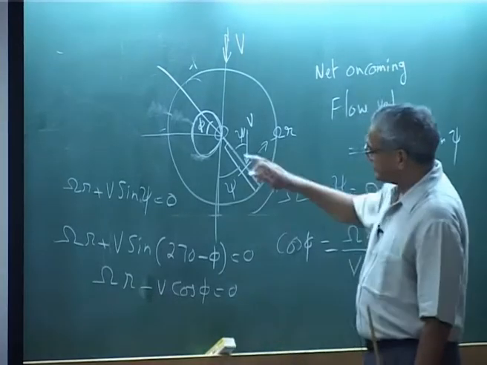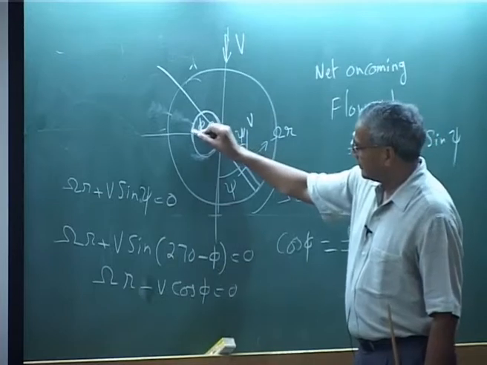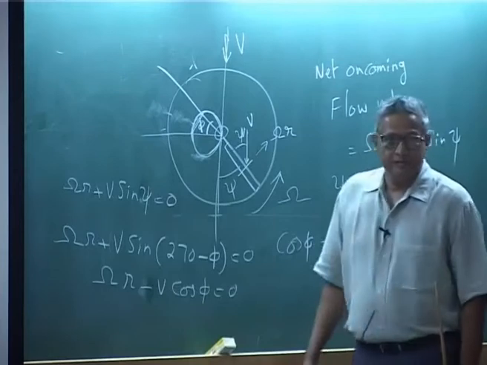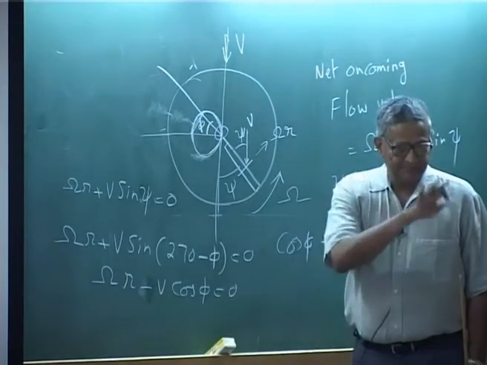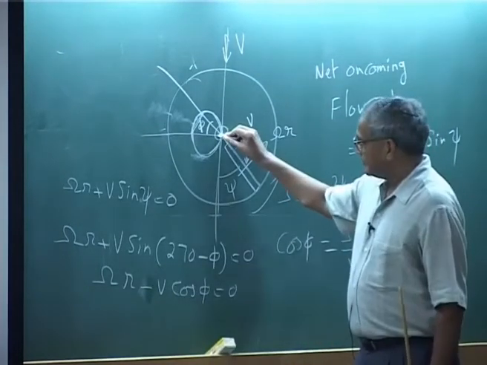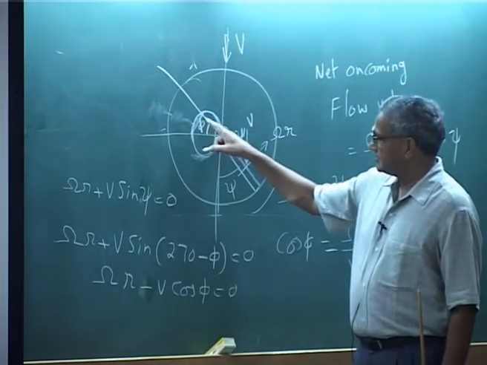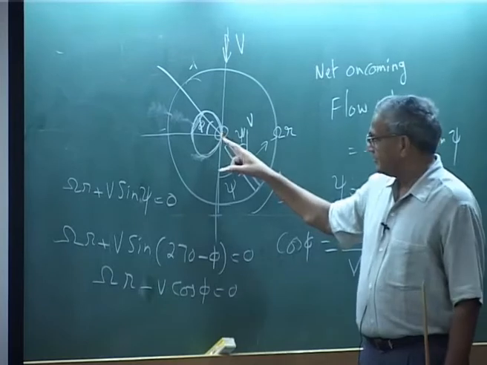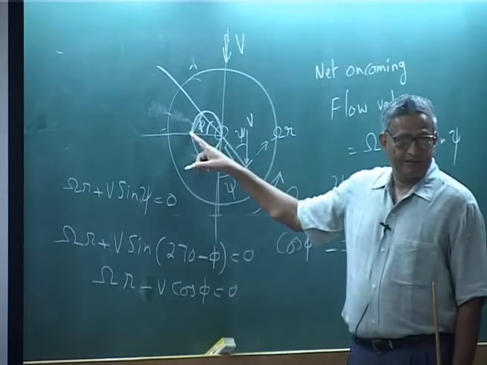Now, in a right angle triangle, you will find cosine phi is nothing but this divided by this, okay.